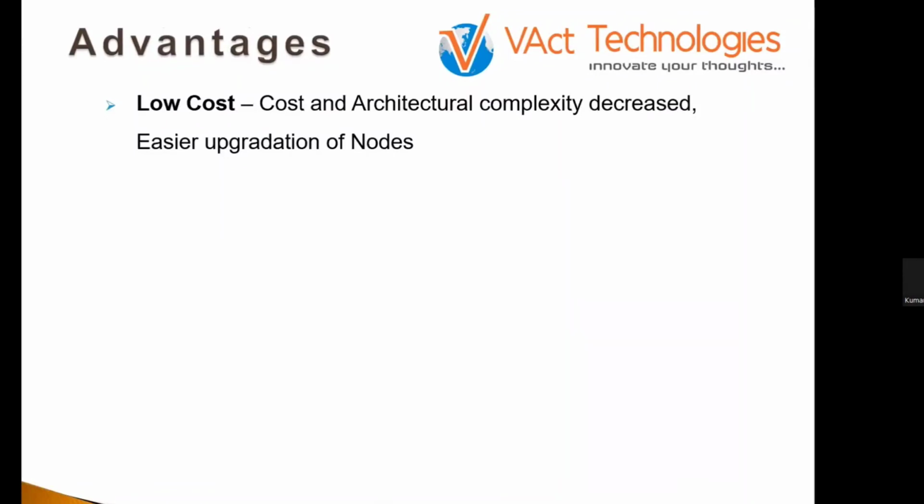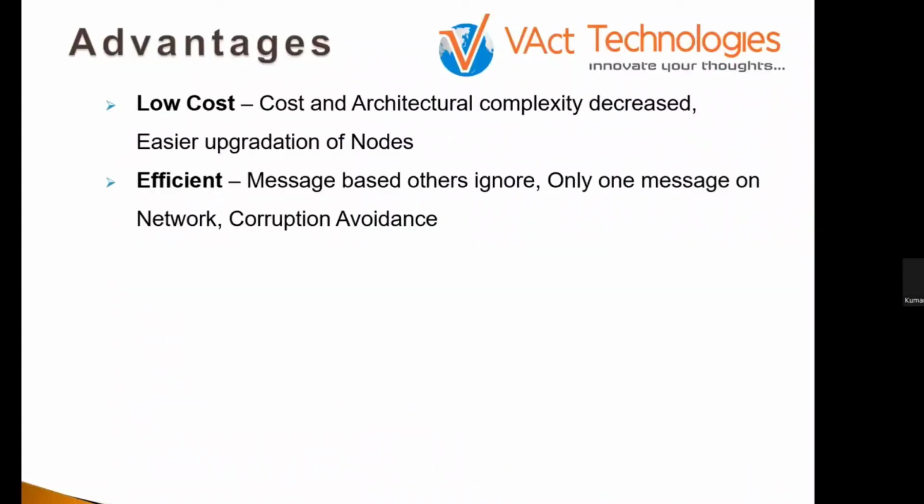For example, if there is an ABS ECU and you want to add functionality, you can just remove that ECU and add the new ABS ECU, because it's all based on message-based communication, not on the node identifier. So it can easily be removed and added. That's an important point.